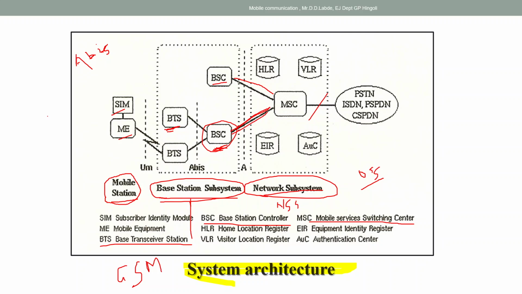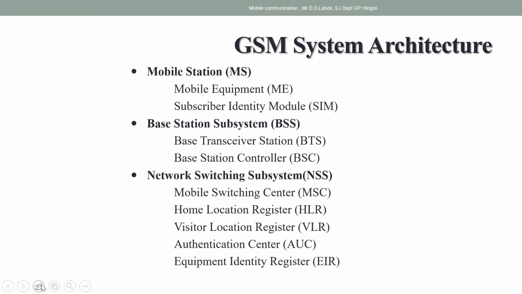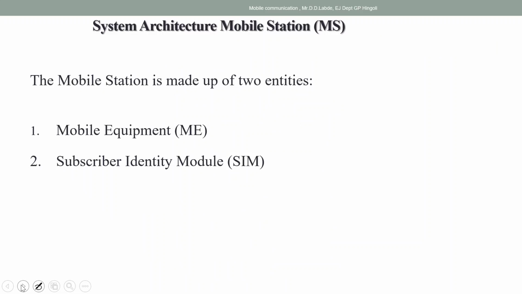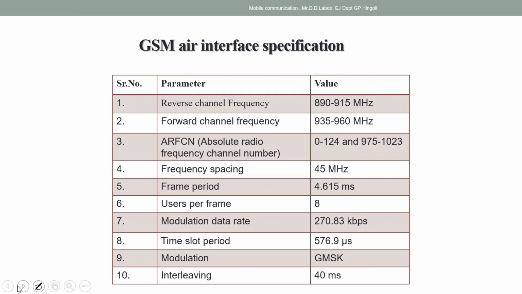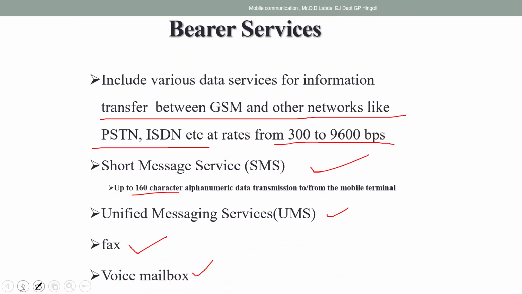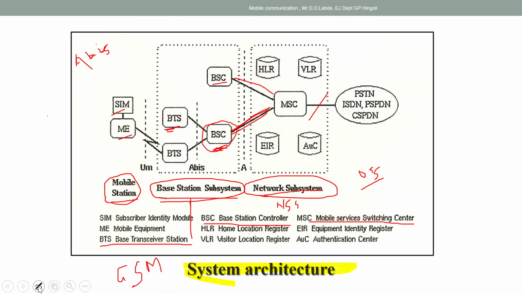The NSS, that is the network subsystem, contains different databases: HLR, VLR and AUC.